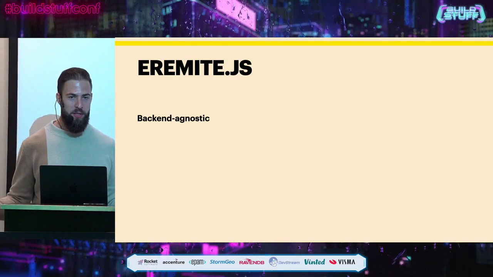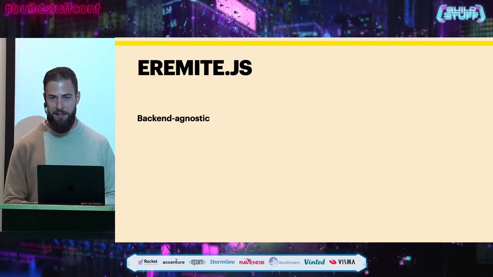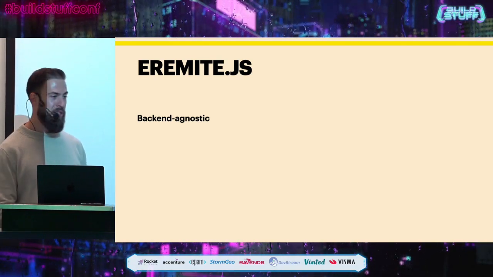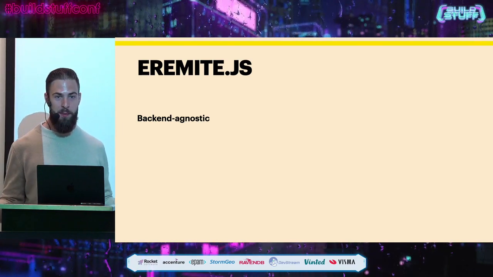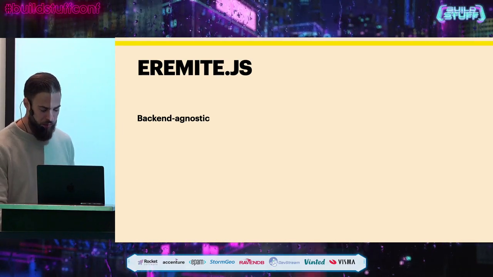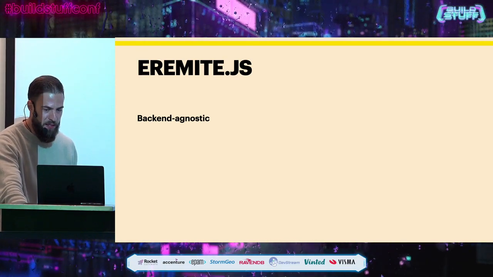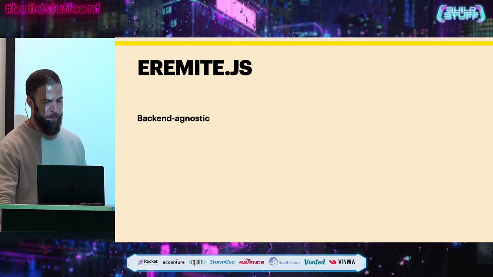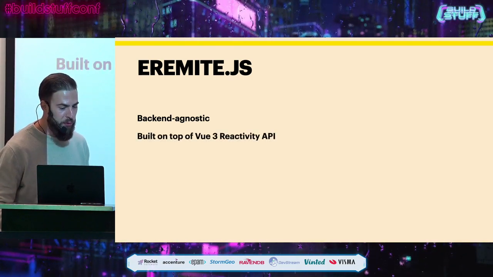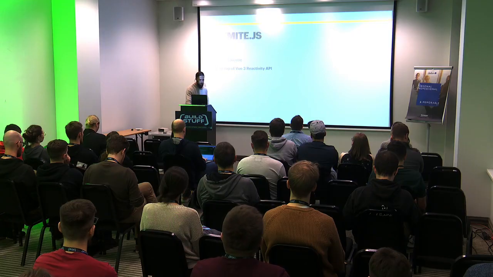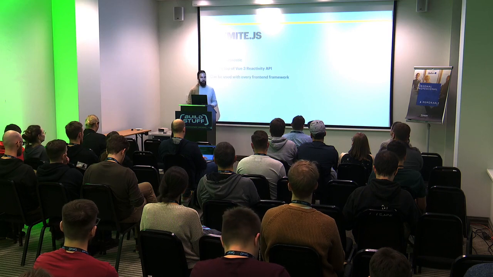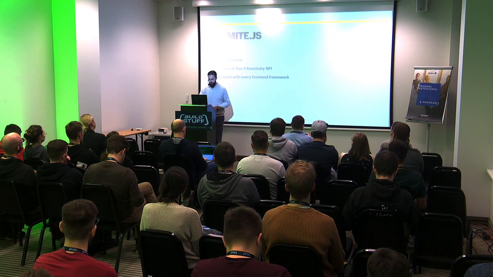It can work with any backend basically, be it a REST API or a GraphQL API. It does not require you to implement something specific, right? You can use everything. It is built on top of Vue's reactivity API, but it can be used with every other front-end framework.